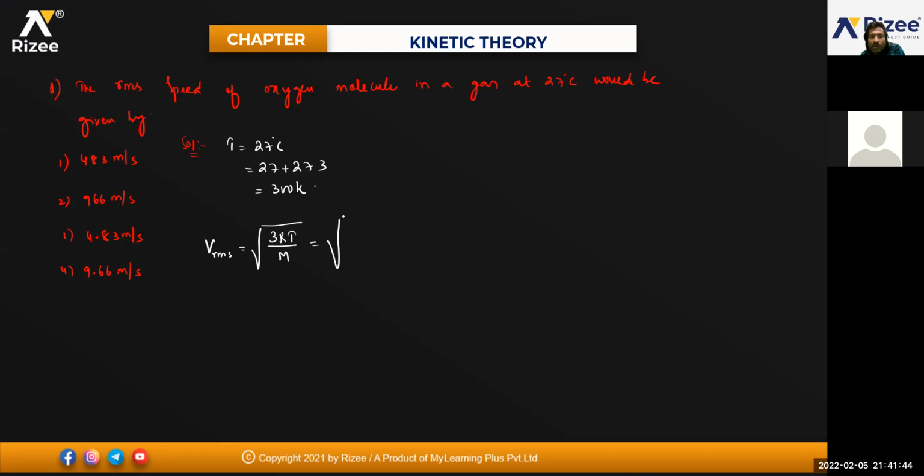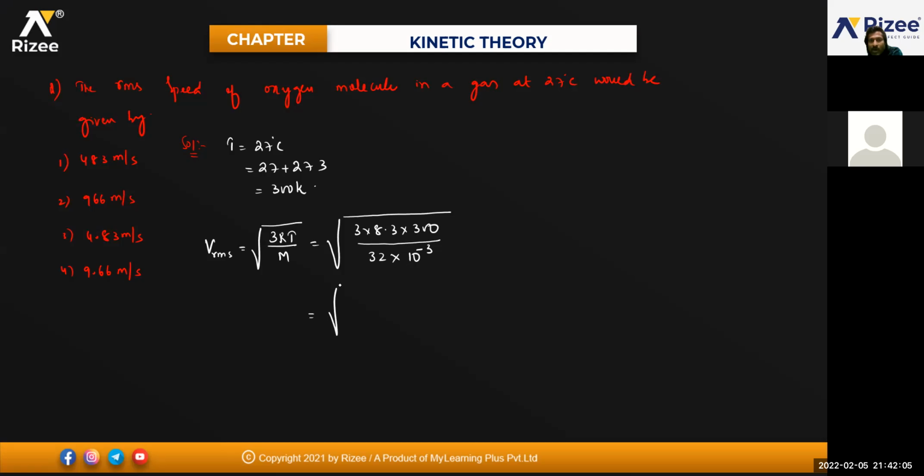That is under root of 3 into R value 8.3 into absolute temperature 300 Kelvin divided by molecular weight of oxygen, 32 grams into 10 to the power of minus 3 in kg.